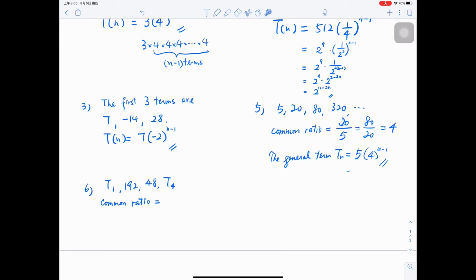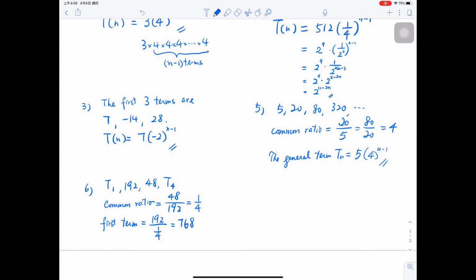Remember, take the third one over the second one, the later one over the previous one. So this one is 1 over 4, right? Then try to find out the first term. What is the first term? Term 1, you can find it from this: 192 over 1 over 4. So what is the answer?